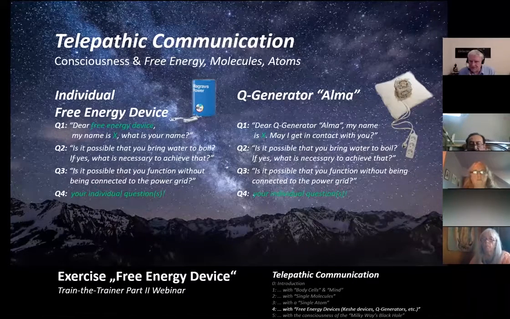So that first question is a little bit different because the people already owning a Margraf or another free energy component, we assume that it is allowed to get in contact, but we don't know with Alma. So the first question is, after we introduced ourselves to Alma, may I get in contact with you? And if yes, then we ask the same questions as listed on the left side to Alma.